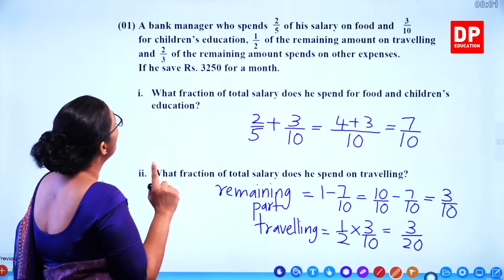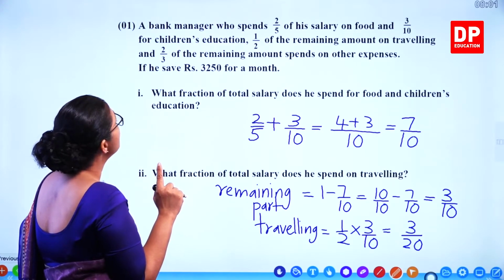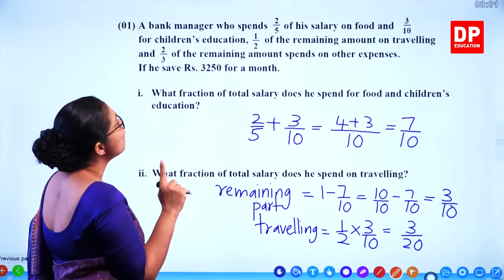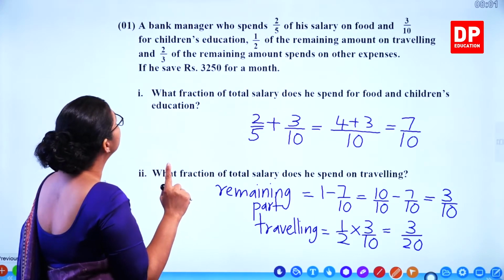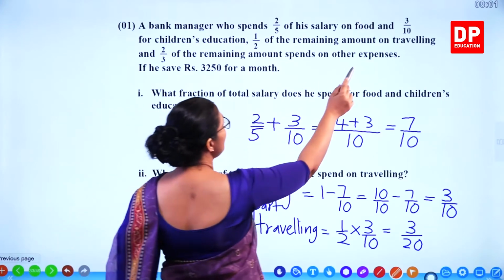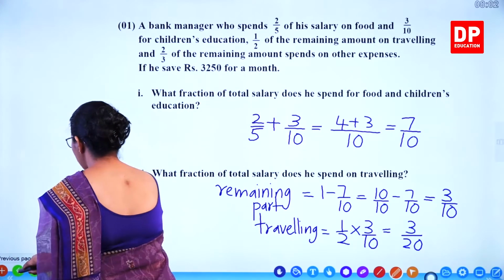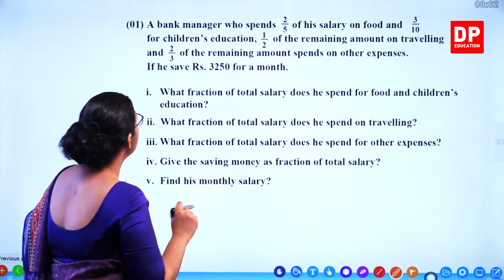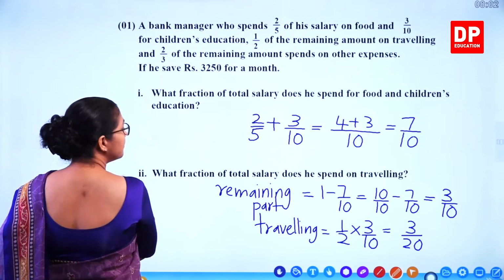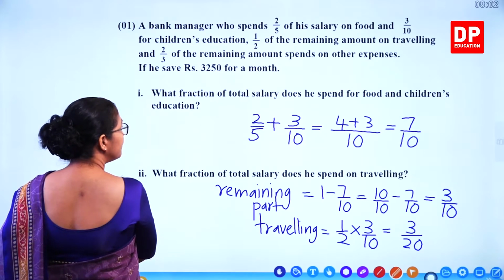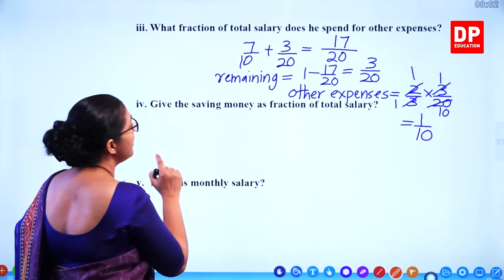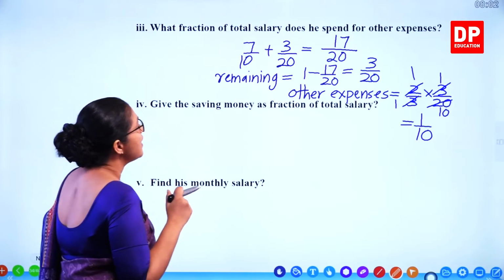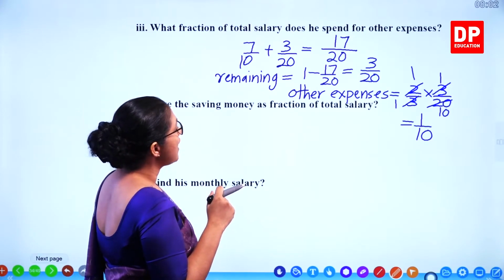Give the saving money as fraction of total salary. Now, it says if he saved 3,250 for a month. So, what's the saving? Now, everything we have to find out what's the saving amount for this. So you did this and give the saving money as fraction of salary.